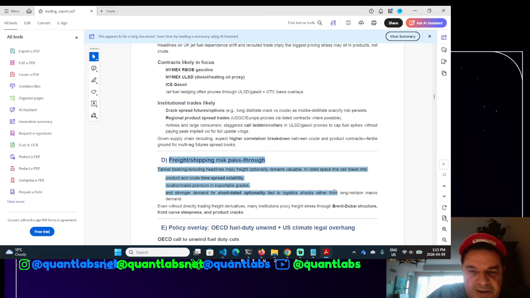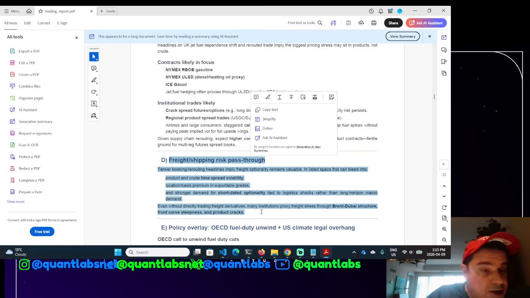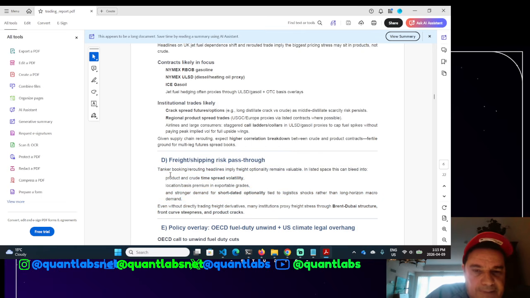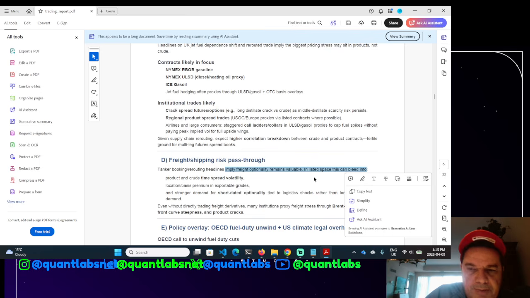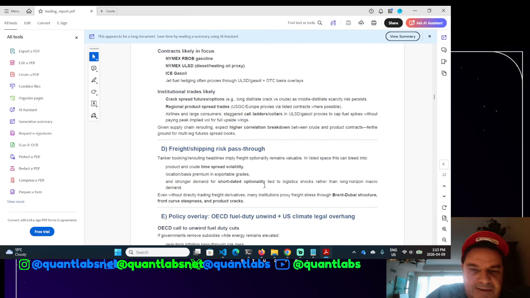So here's another interesting one that you can look at that you don't hear about in the news. That's why this type of report is very, very valuable. You can see here, tanker booking, recruiting, or rerouting headlines imply freight optionality remains valuable in listed space that can bleed into time spread volatility, basis premium, and exportable grade.